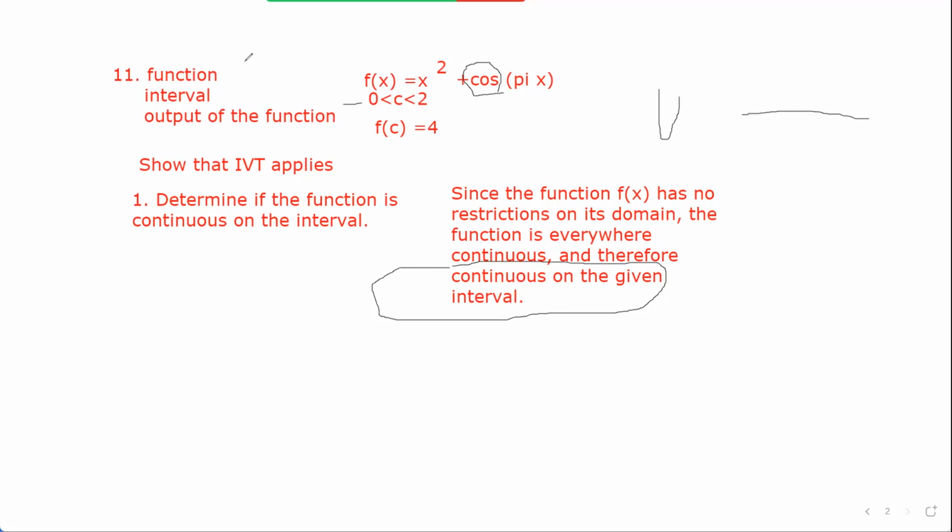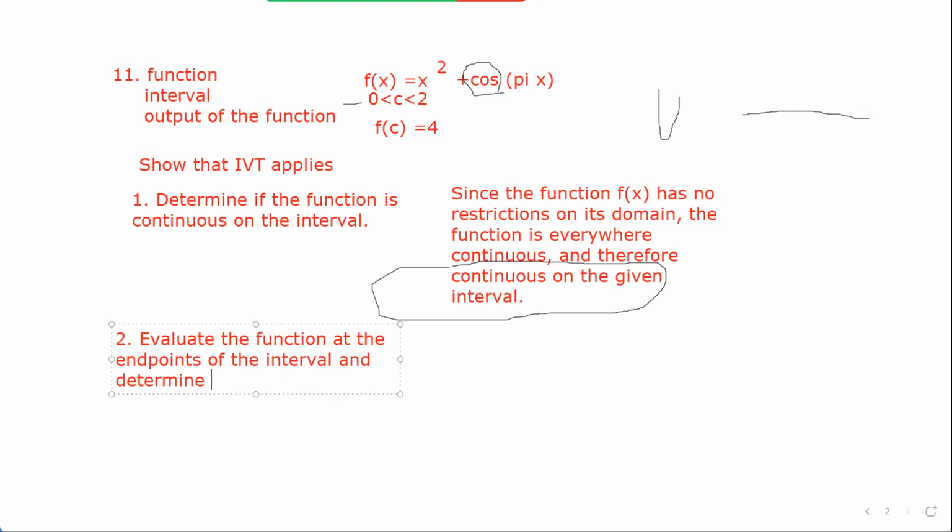Well, we have to establish that there's a sign change, don't we? Right. So we have to evaluate the function at the endpoints of the interval and determine if there is a sign change on either side of f of c, right?